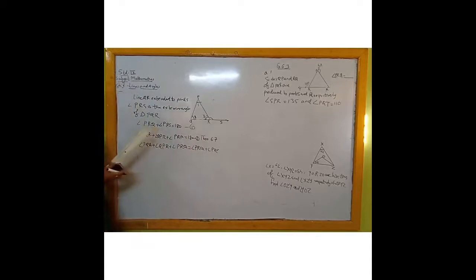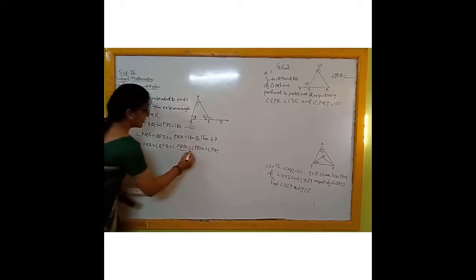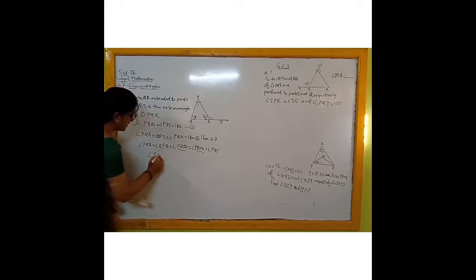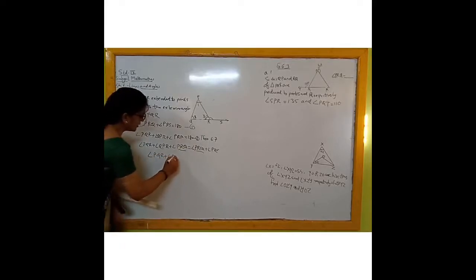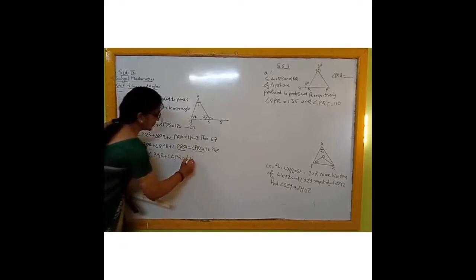Now what is the common part of this? Angle PRQ is present on both sides, so we will omit that. Therefore angle PQR plus angle QPR is equal to angle PRS.